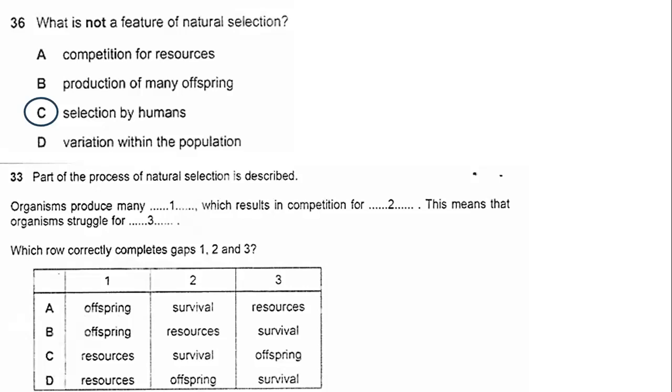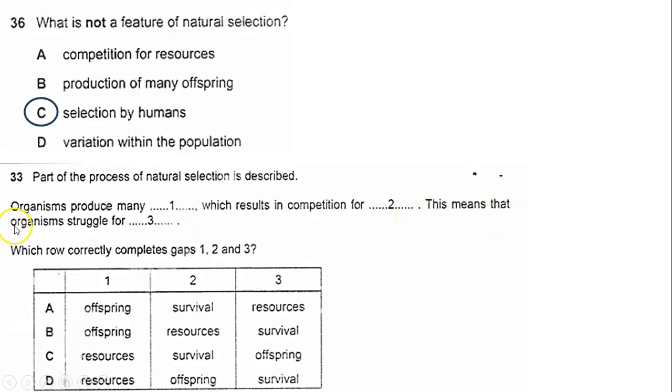Part of the process of natural selection is described. Organisms produce many. How will we solve this question? We're going to see one and imagine that these are the choices, and then we will write the choice that we chose here in order to figure it out easily. Organisms produce many space, which results in the competition for space.